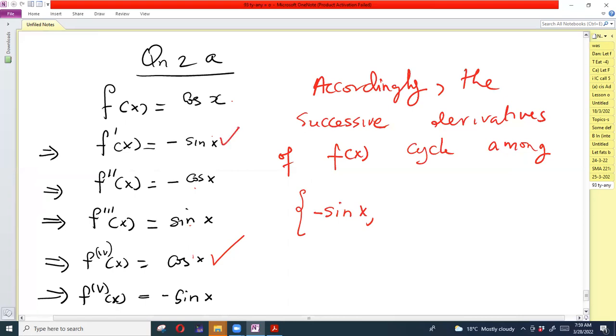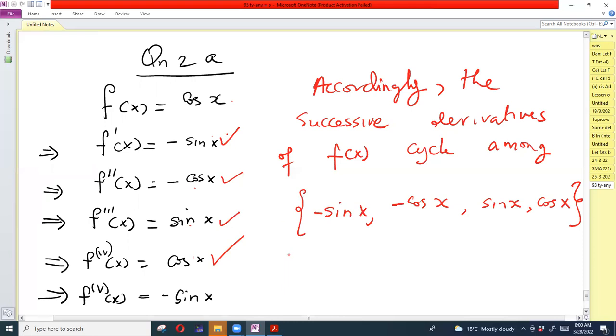And then from negative sine x, we go to negative cos x. And then we go to positive sine x. And then finally, we come back to the original function cos of x. So this is a pattern that after 4 steps from the function itself, we get the same function.